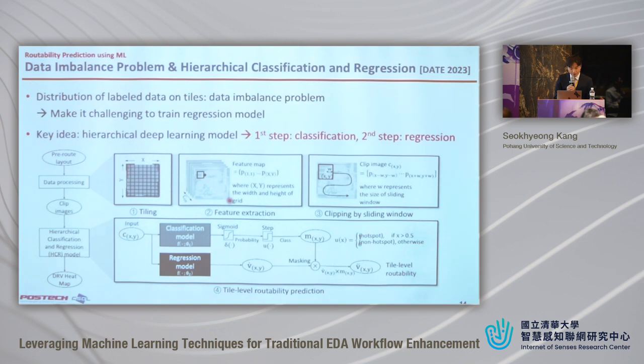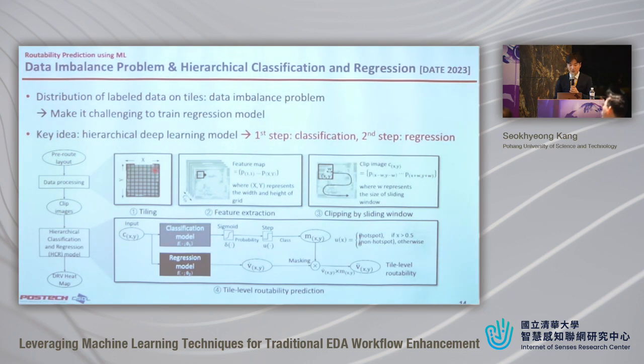Another work for the early stage prediction is to improve the quality of the model. One problem of the data is that we use the layout data, and they have some hotspots, DRV hotspots, but it's a very imbalanced data. For the data, we divide it into small portions, and most portions don't have DRV violations.